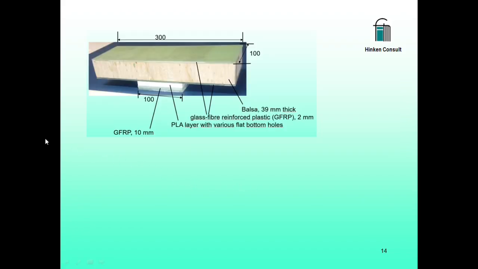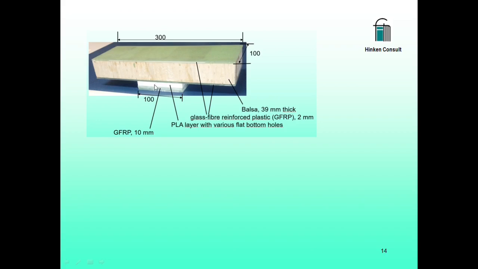Here we see the model used to test the system. The sandwich consists of balsa, nearly 40 millimeter thick, with GRP plates on top and bottom. The 3D printed PLA plate simulates the adhesive layer, while the lowest GFRP plate simulates the shear web to be bonded.